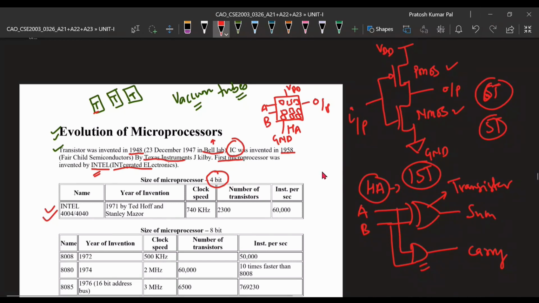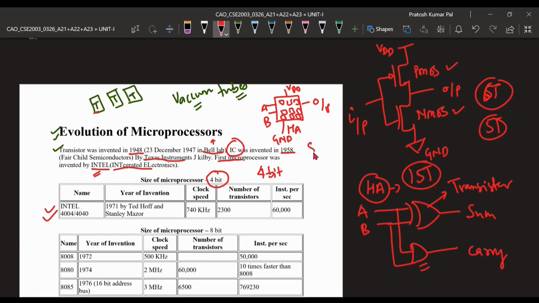If the size of a microprocessor is 4-bit, it means the microprocessor can process 4 bits at a time. That means if any instruction is there and the microprocessor is going to operate on that instruction, it can operate only on 4 bits at a time. Suppose we want a 4-bit adder, then it can do the operation of adding 4 bits.